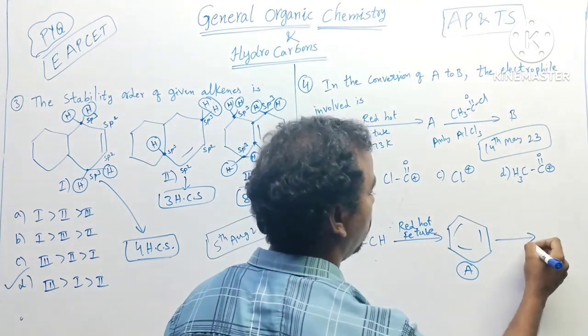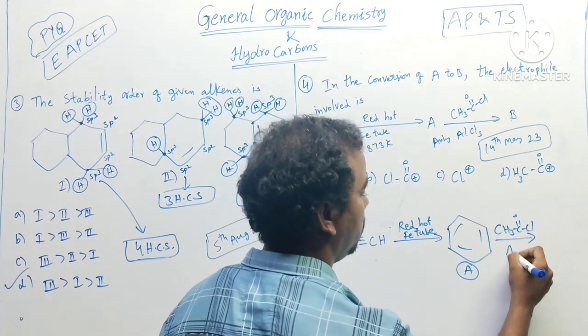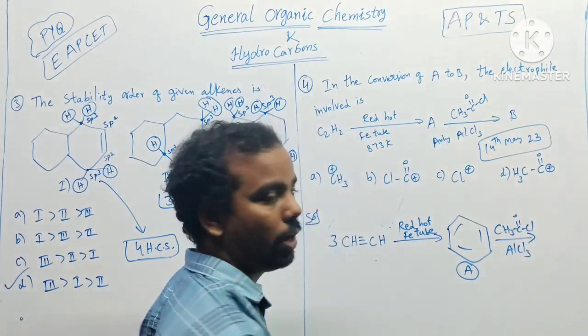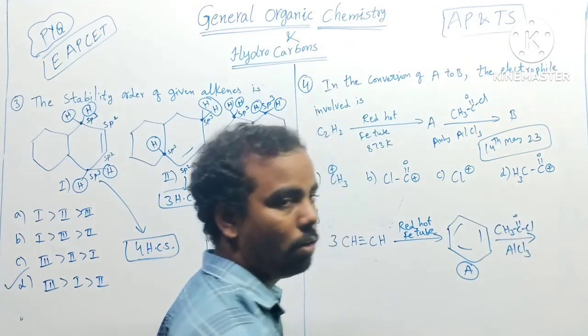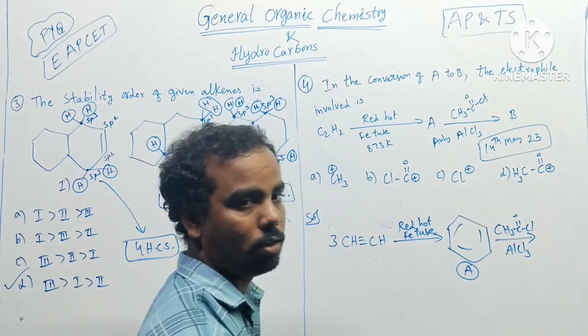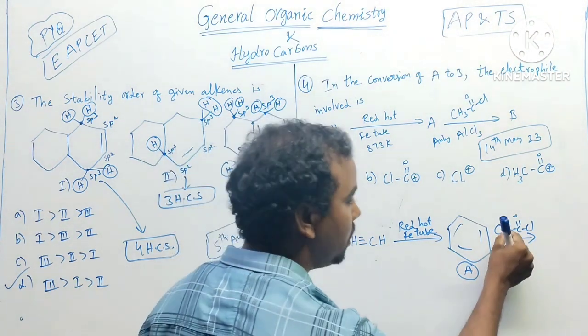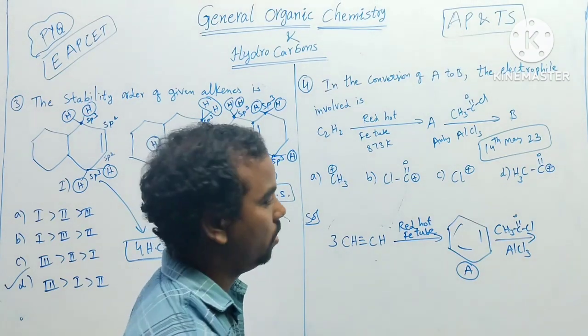Benzene again reacts with acyl chloride, CH3COCl, in the presence of AlCl3. It is called Friedel-Crafts acylation, in the presence of anhydrous AlCl3 catalyst. If CH3Cl is there, that is Friedel-Crafts alkylation.